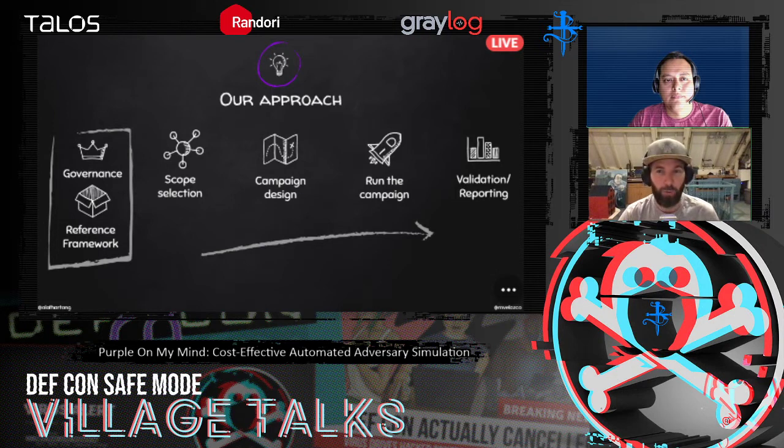From these scope sessions, you can actually start designing a campaign. In this phase, you build the required objectives or techniques that you want to execute. You add them to a playbook or a run book or a campaign design, however you want to call it. You test it first, of course, and then you run it in production.